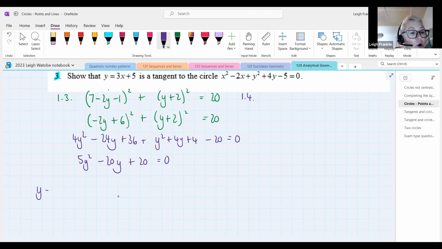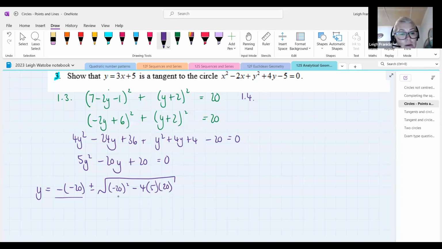Fine. So you said y equals negative b plus or minus the square root of negative 20 squared minus 4 times 5 times 20, all over 2 times 5. Good, absolutely.